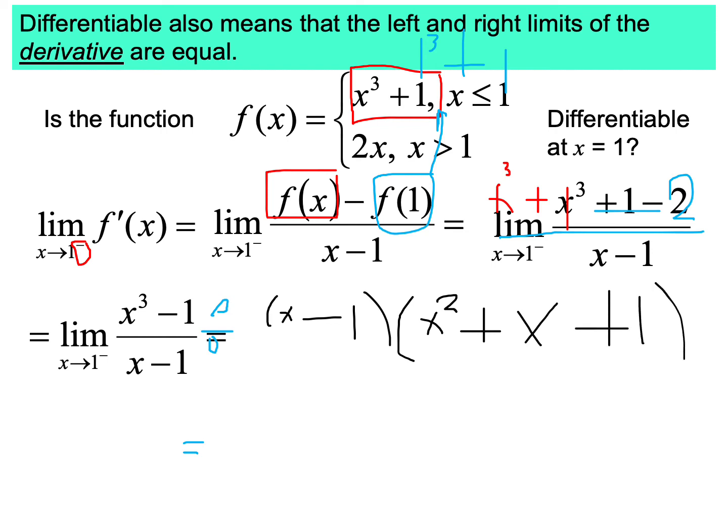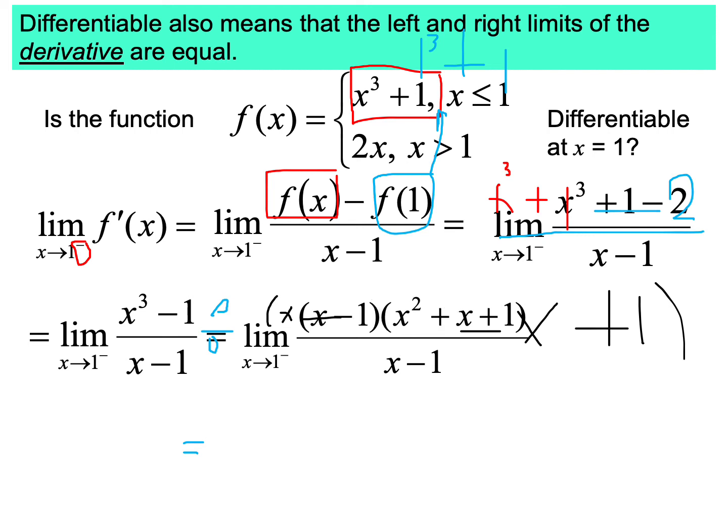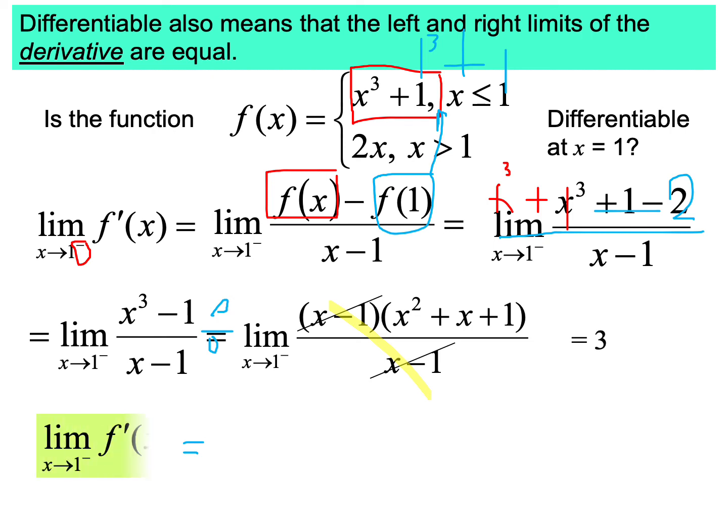So this is the factoring of the numerator. The denominator has no factoring, but now we only cancel these together. So we get a new limit, and when I replace, I get 3. That means the limit of the derivative from the left exists and equals 3. That's not enough.